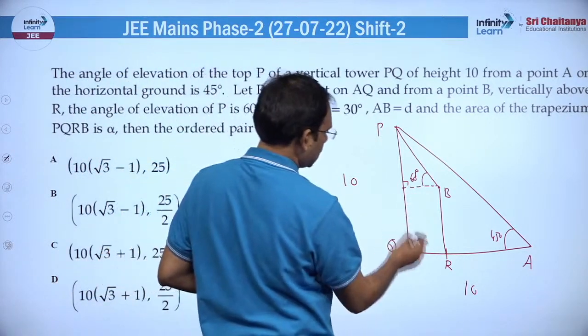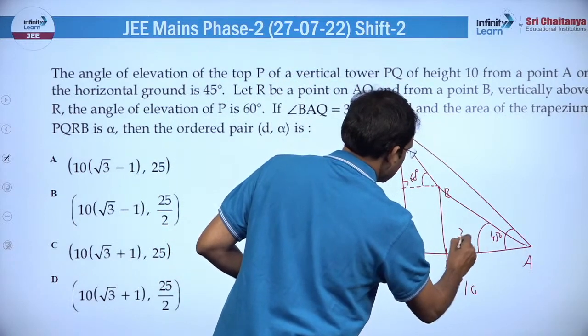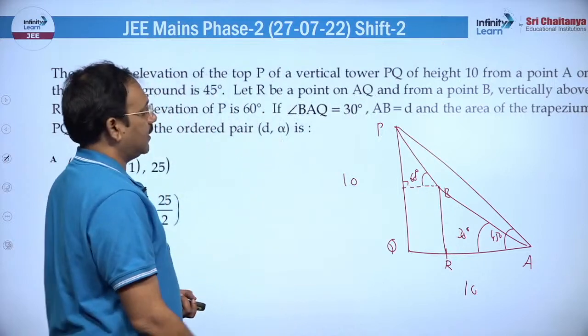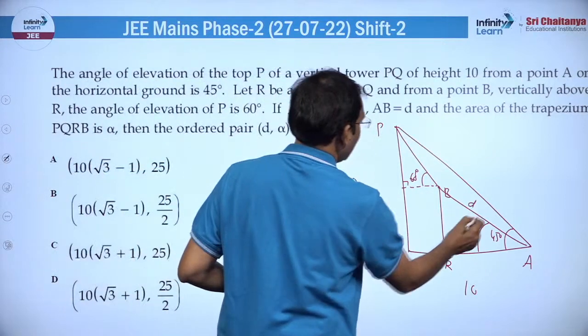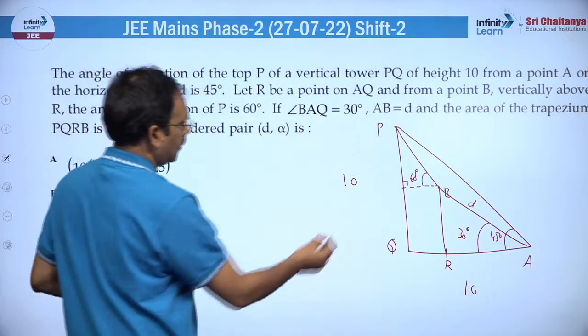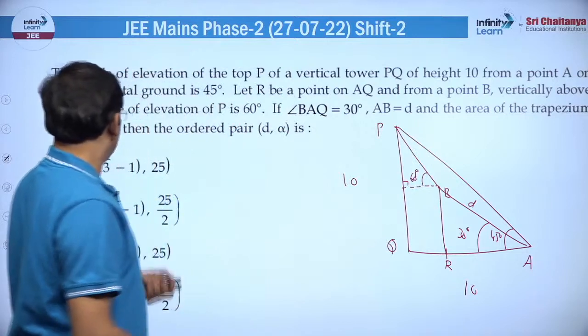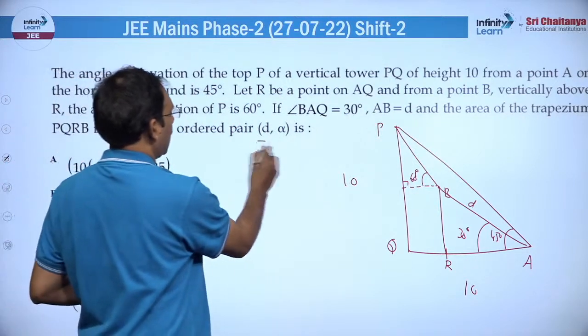This is going to be BAQ, you can say this angle is 30 degrees. Fine. And given AB is equal to D and the area of the trapezium PQRB is alpha, then find D and alpha.